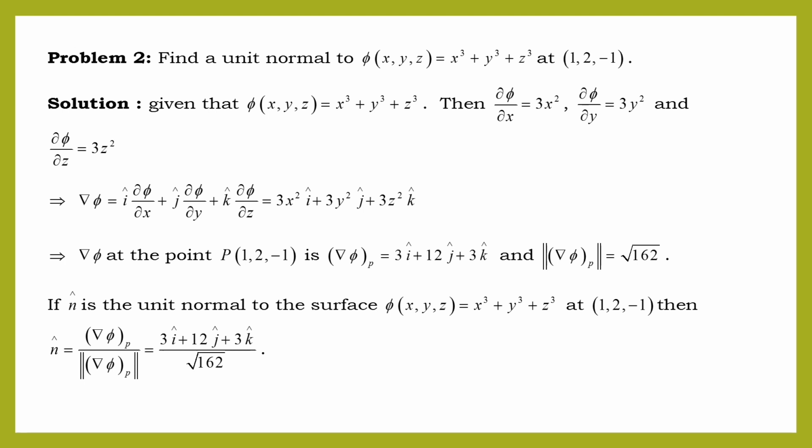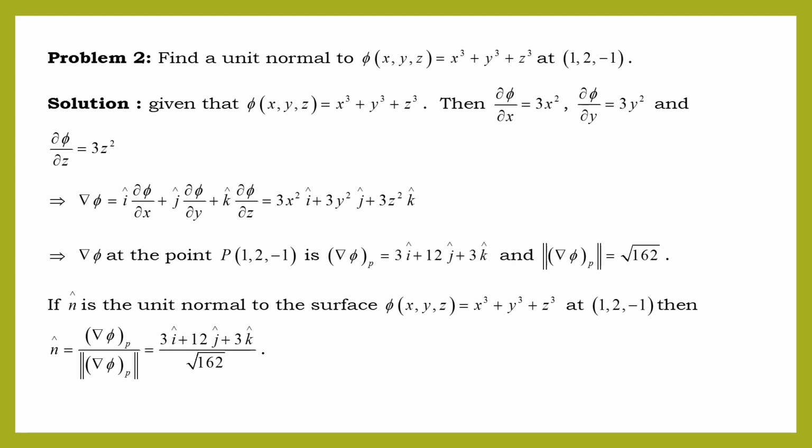But we want the unit normal. Unit normal means what? The length of the normal must be 1. Length means norm. So we have to find out norm del phi at the given point.